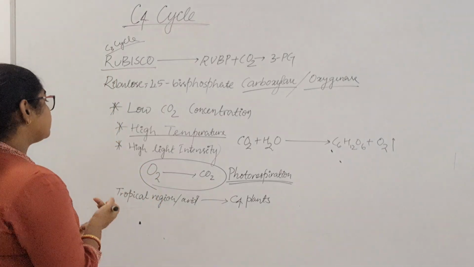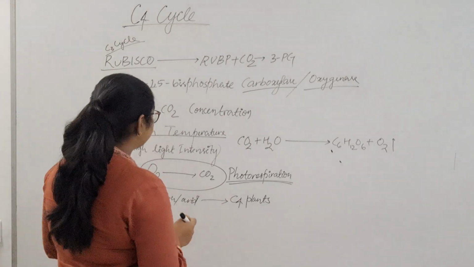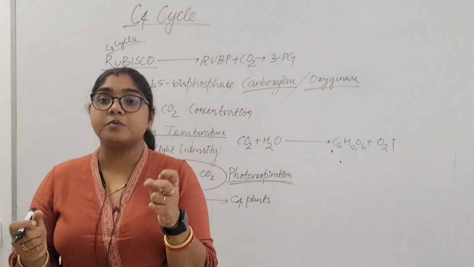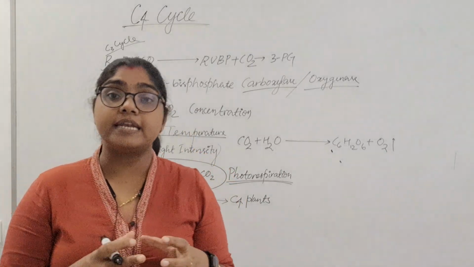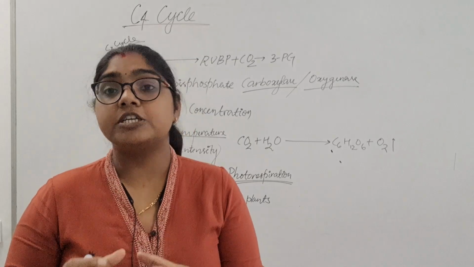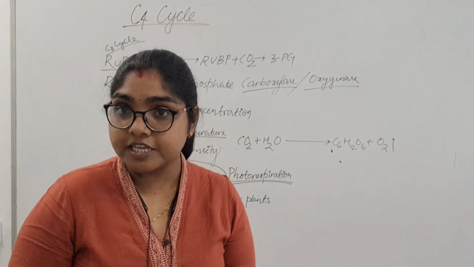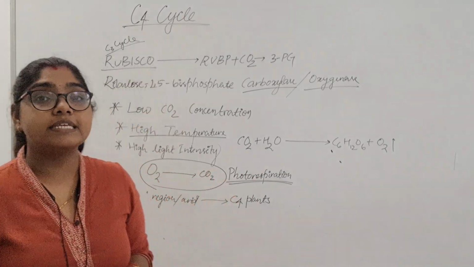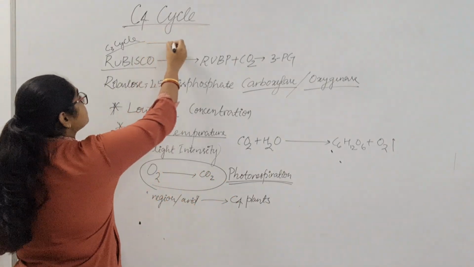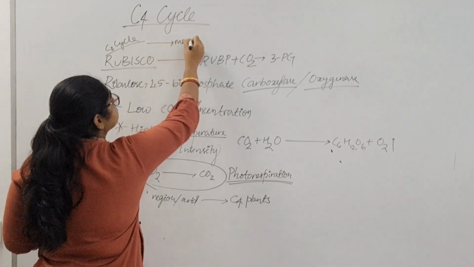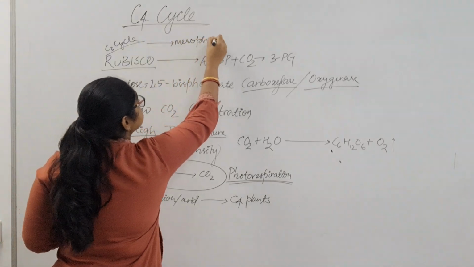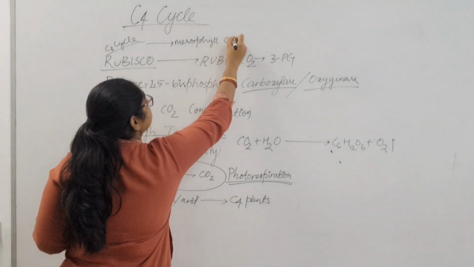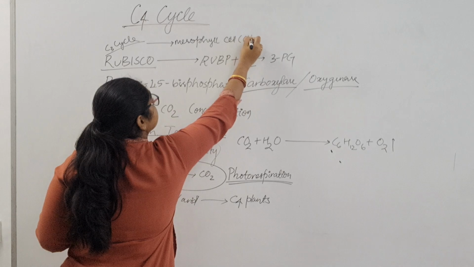In the C4 cycle, the plant takes up atmospheric carbon dioxide and does the carboxylation or carbon dioxide fixation process in two types of cell. In the C3 cycle, all the process takes place in the chloroplast of the mesophyll cell.